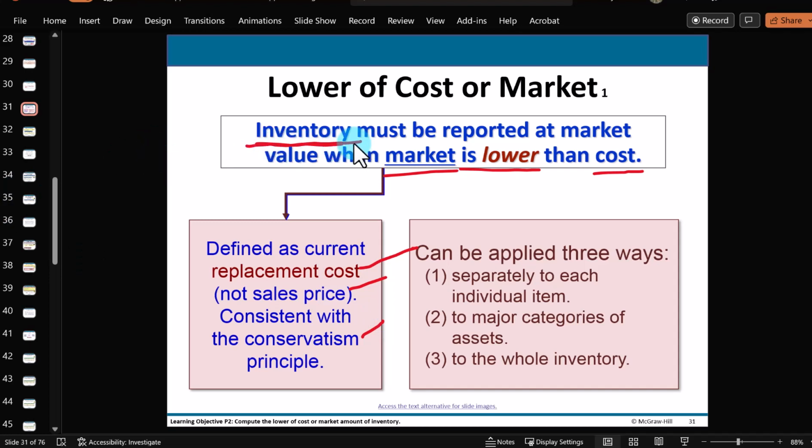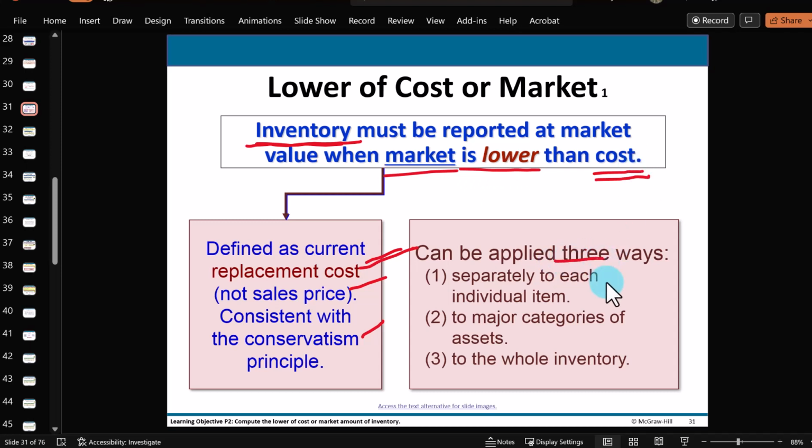We're possibly going to reduce that inventory asset down to its replacement cost if the replacement cost is less than the current original cost you have your assets currently recorded at. In fact, recording assets at cost, recording expenses at cost is one of the principles we learned way back in chapter 1.